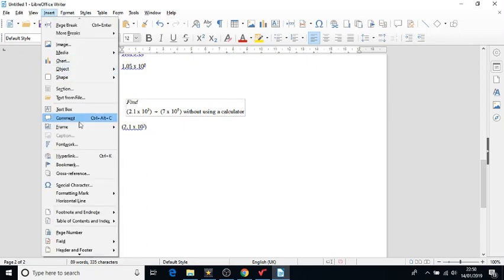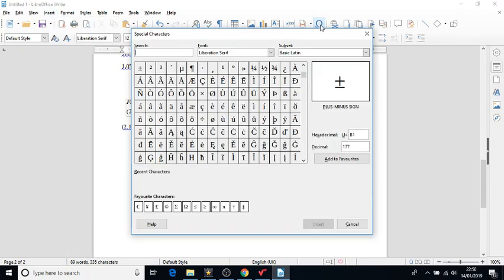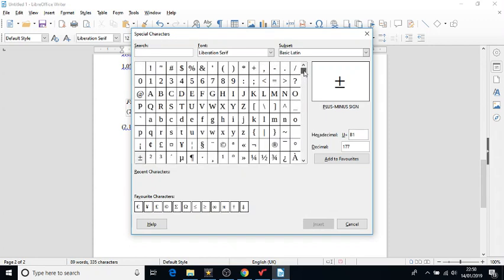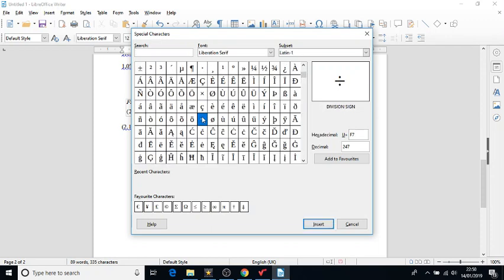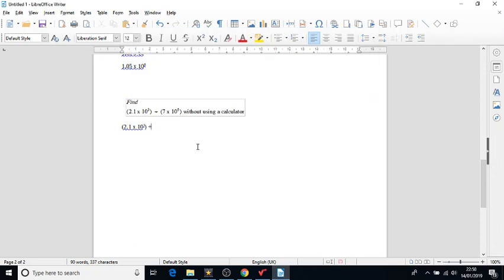So we have a divide sign. Bingo. 2.1 divided by 7 multiplied by 10 to the power of 6. So just like how we did with the previous question when we were multiplying the two brackets together, this time we're dividing the two brackets together.